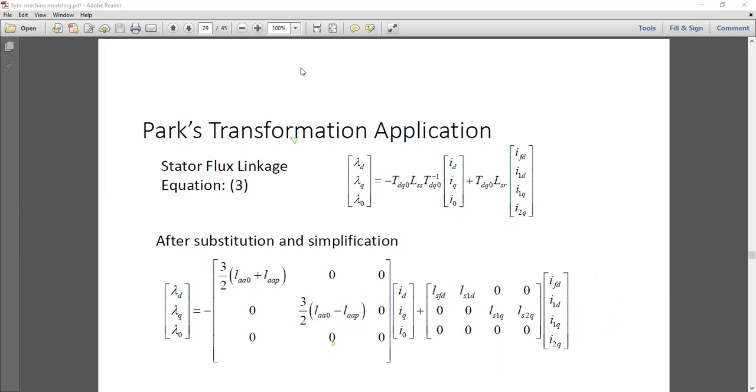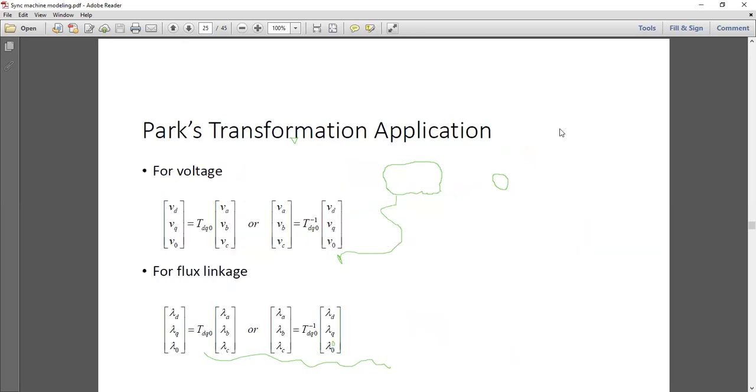Then you have to calculate minus TDQ0 LSS into TDQ0 inverse. Simply calculate and simplify that, and you get this 3 by 3 matrix. And again, originally this LSR was space dependent, or theta dependent.